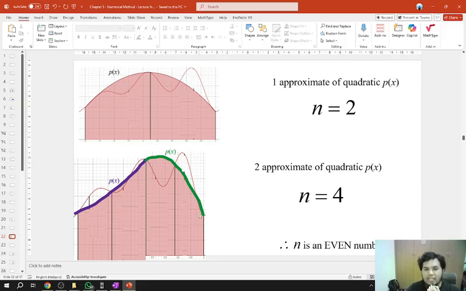So here we will have 4n. One approximation will give us 2n, two approximations will give us 4n, and so on. And thus we can say that n must always be an even number, starting from 2, 4, 6, 8, 10, and so on. Okay? That's only applicable for Simpson's rule.